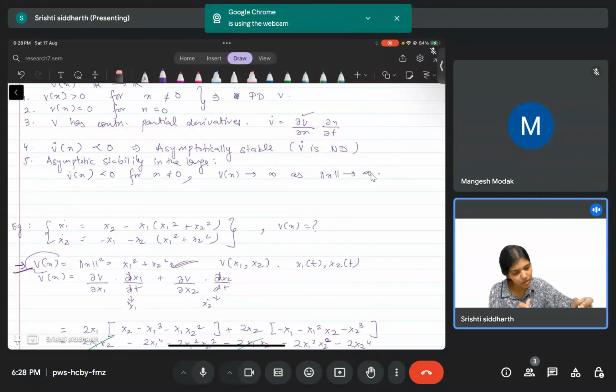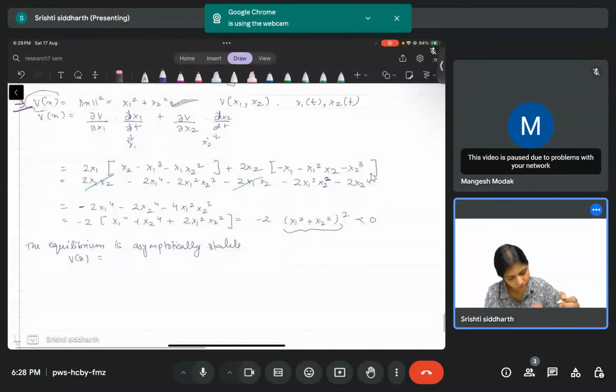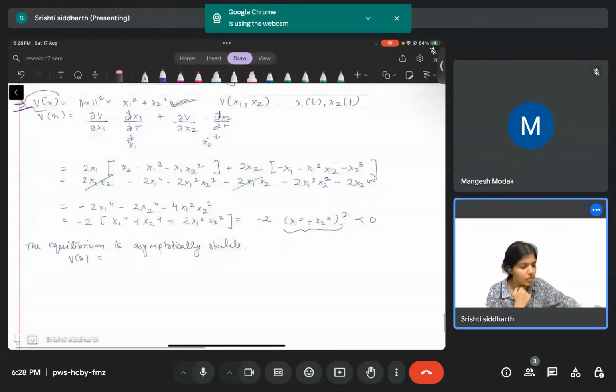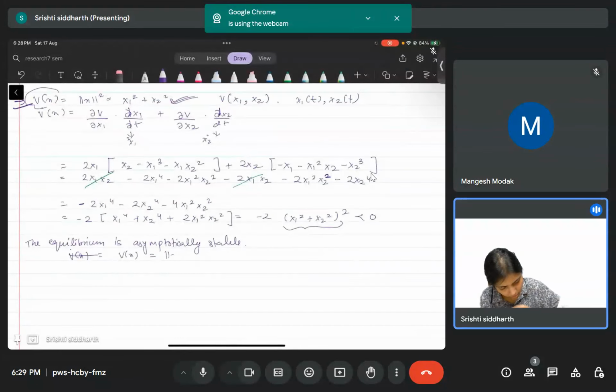You can easily see that here also V of x is the norm x squared, and as norm x goes to infinity, V of x also goes to infinity.